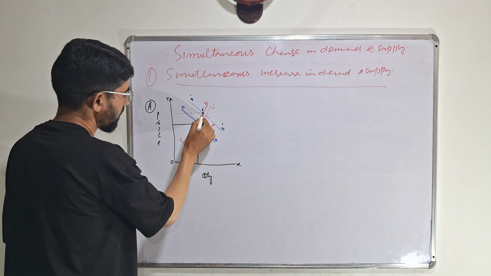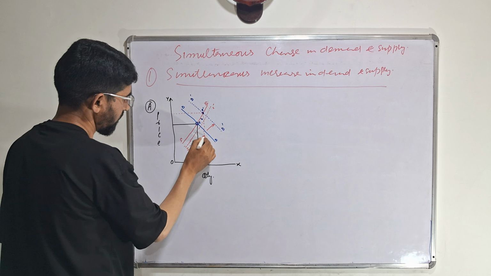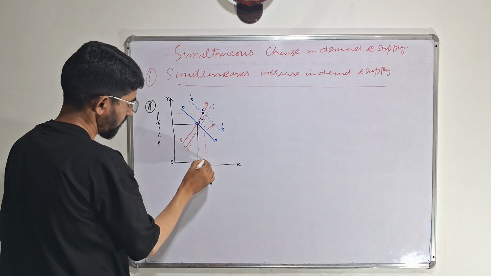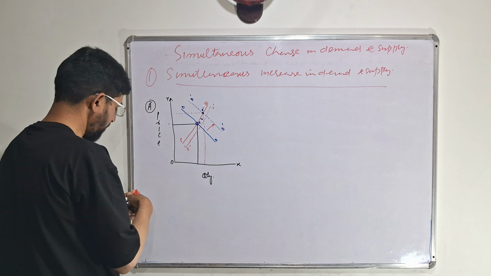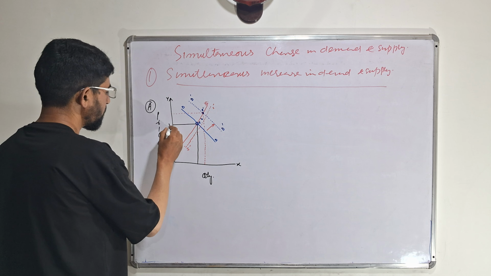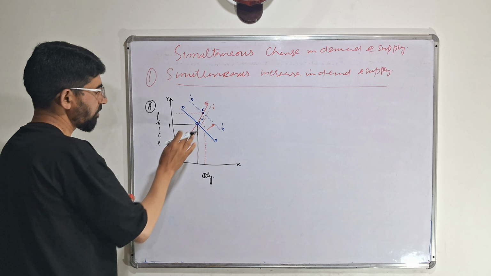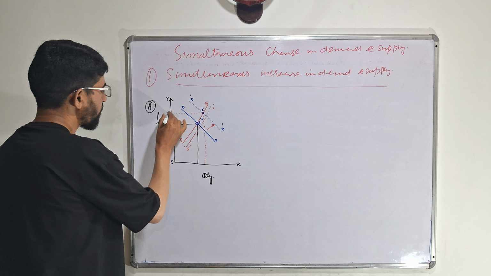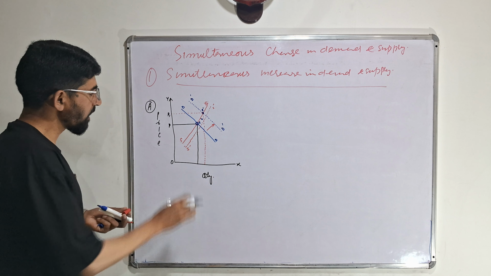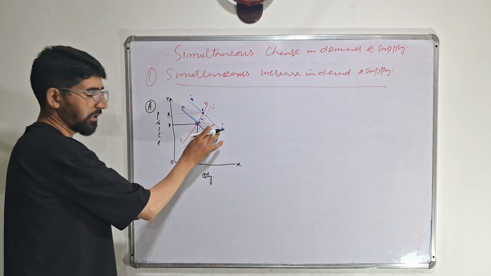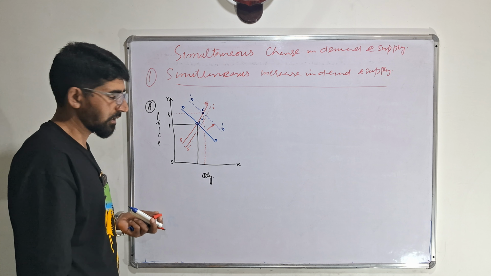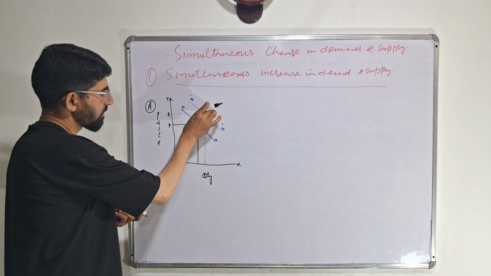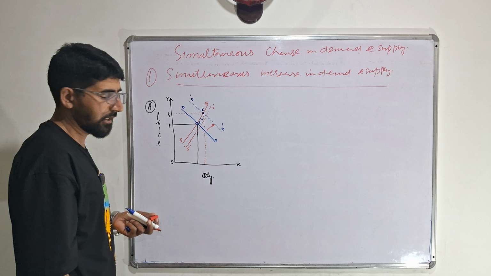If this was the initial price P at equilibrium point E, now the price increased to P1. This price increase is only due to the pressure of demand, as change in quantity demanded is more than change in quantity supplied.